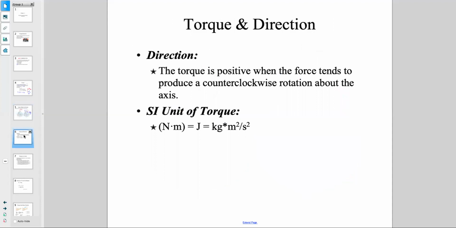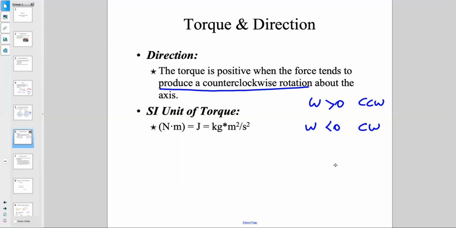So, torque and direction. The torque is positive when the force tends to produce a counterclockwise rotation about the axis. We also know that we consider omega, the angular velocity, positive if it's counterclockwise and negative if it's clockwise.